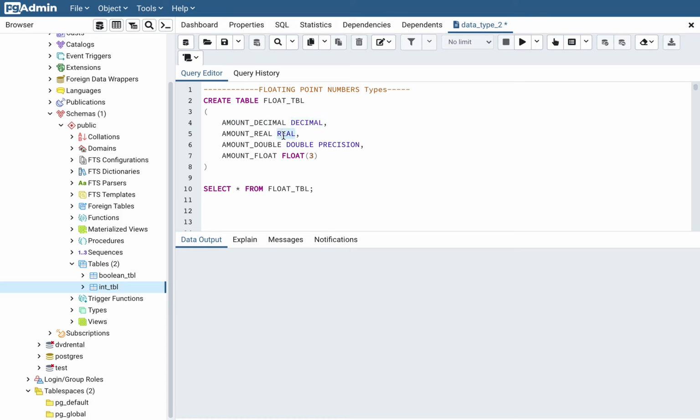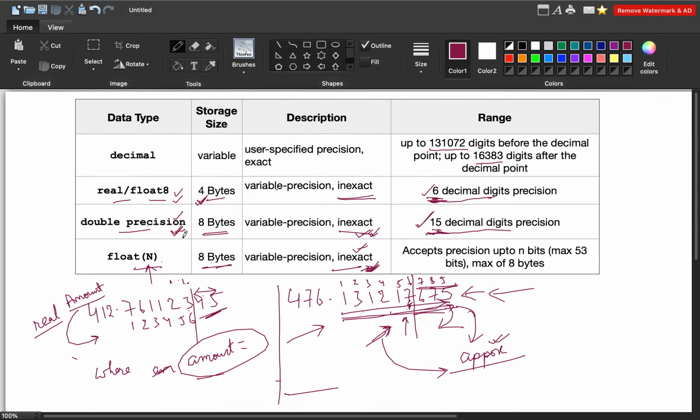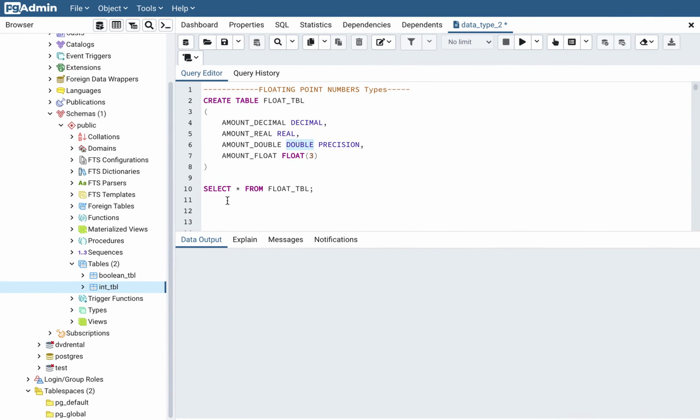Amount real is of a real data type. Amount double is of double precision data type. And then I have used float n. Here the value of n is 3, and 3 denotes the number of bits, not the number of characters. I have already explained this. Here float n indicates that n is the bits, right? Not the number of digits.